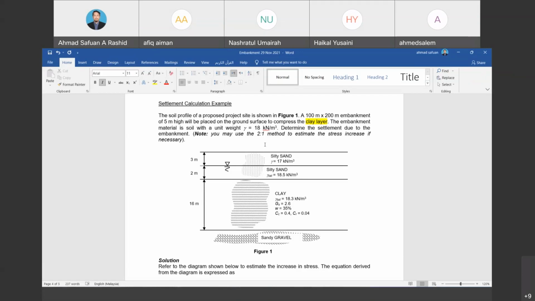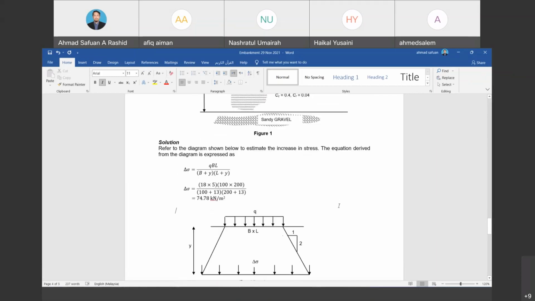In that case, the preconsolidation pressure is greater than the current effective stress value. That is how we differentiate between normally consolidated and over-consolidated situations.